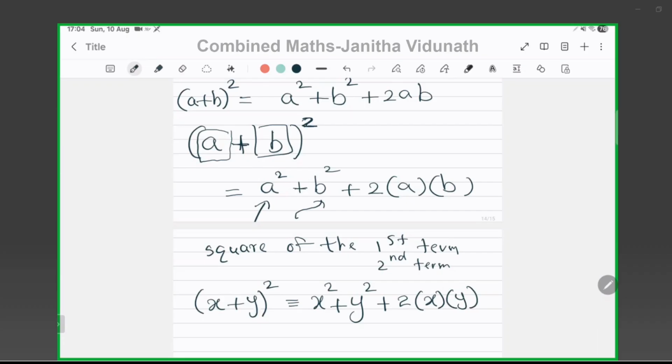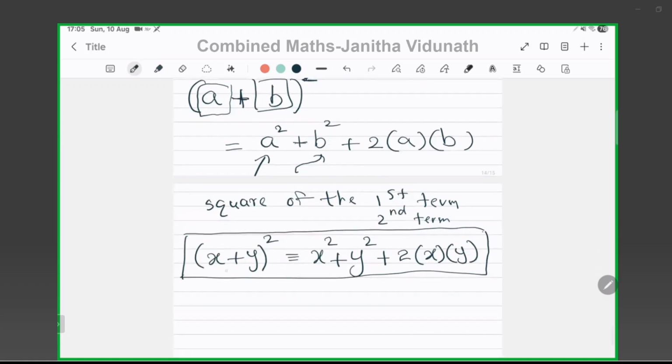This is the shortcut method for memorizing the (x + y) whole square. Since there are two variables and two terms, we give a name to this as binomial expansion because we expand this power.